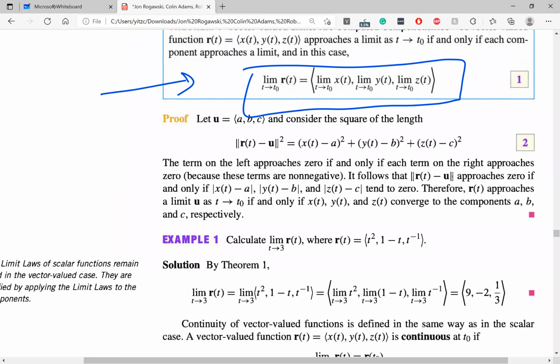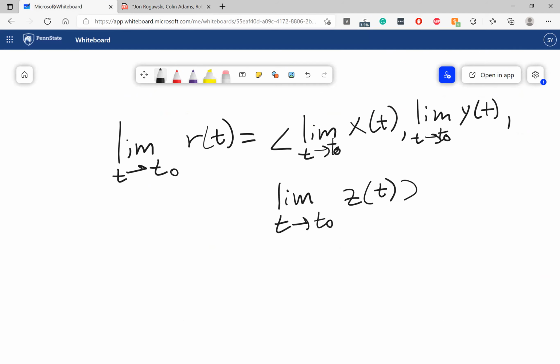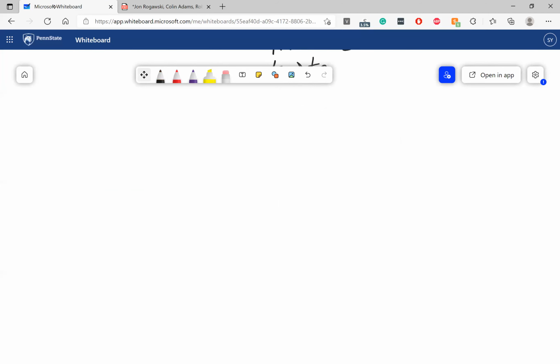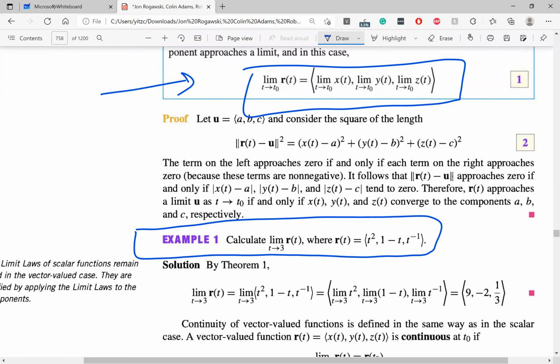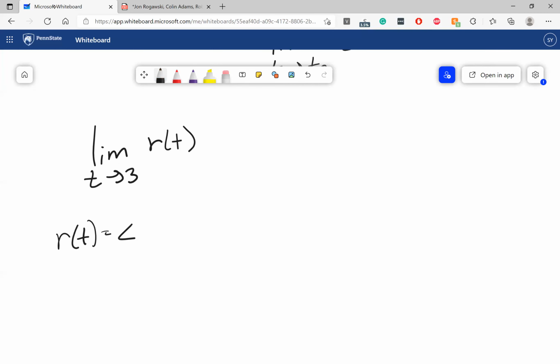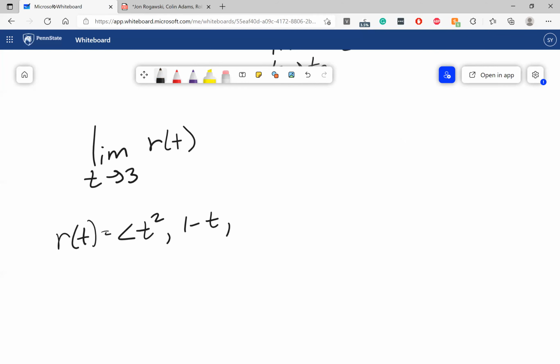So they ask us to calculate this limit over here. The limit as t goes to 3 of R of t, where R of t is equal to t squared, 1 minus t, and t to the negative 1.